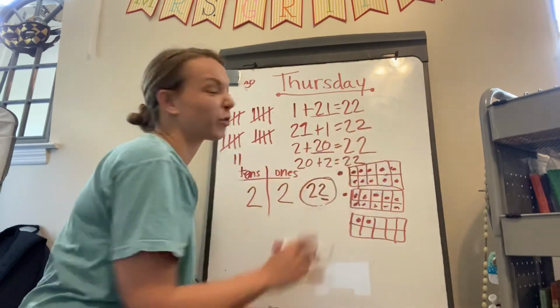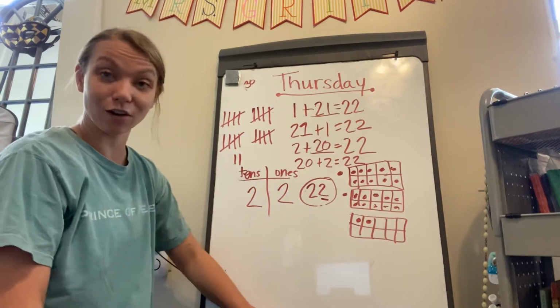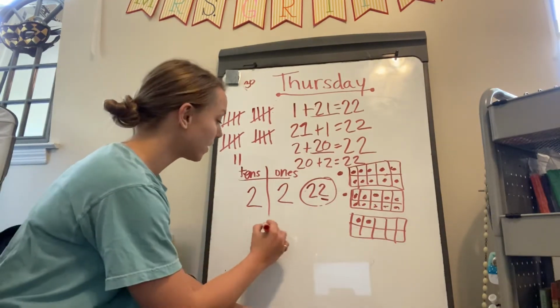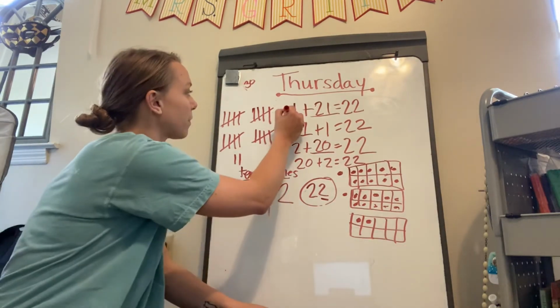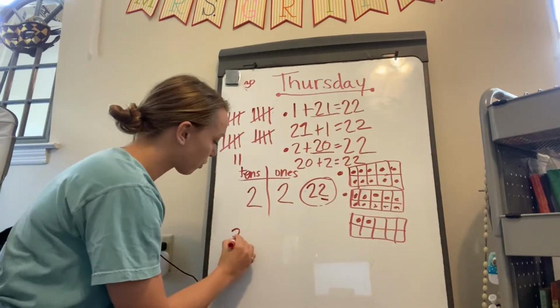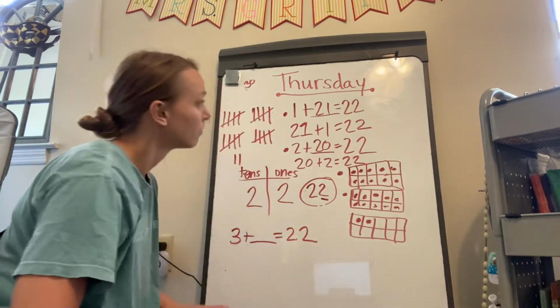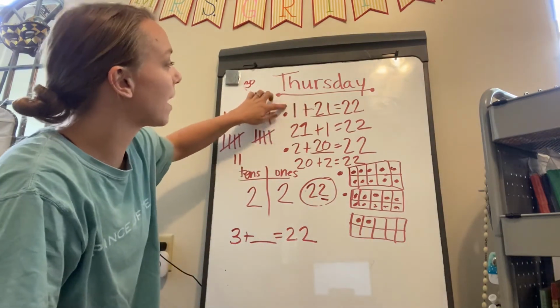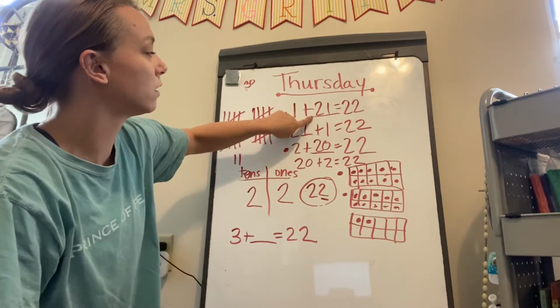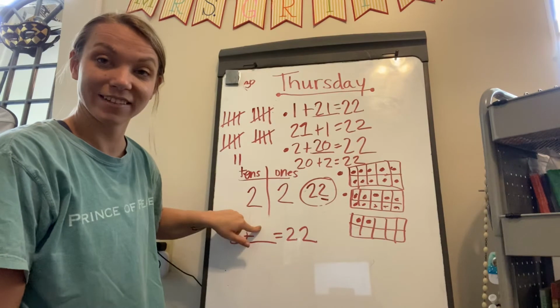Now, I wrote a little big today, but that's okay because I can take my work down here already for you. And I'm going to start with 3. I did my 1, my 2 problems. Now my 3 plus something equals 22. Well, when I counted backwards, I had 21, 20. What do you think this could be?